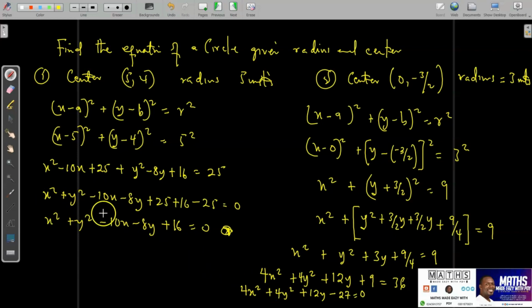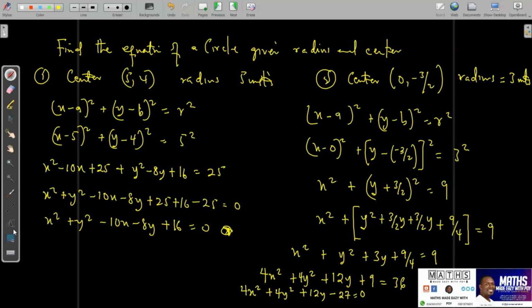In our previous solution, the coefficient of the x squared and y squared in that equation of the circle is actually 1. And the highest power of the variables x and y is always 2. Are you with me? Yes, please.